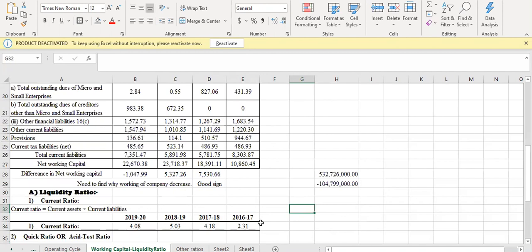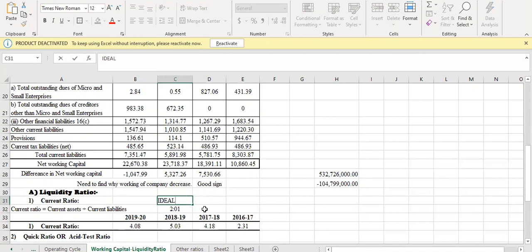When you are calculating this current ratio, you have to remember that the ideal current ratio is 2 to 1. This is the ideal position of a current ratio, that there must always be current liability of 1 and current assets of 2.